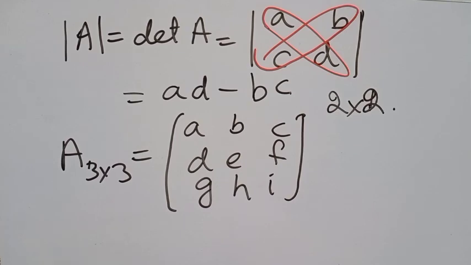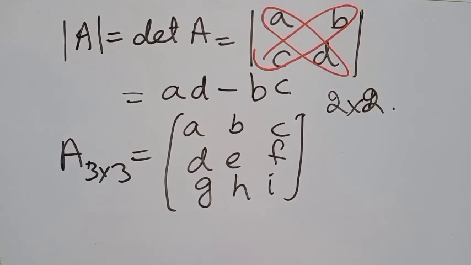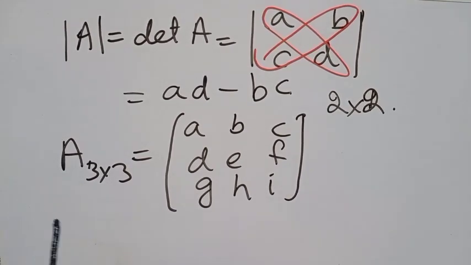Listen to this very carefully. I will be showing you one of the ways to solve for the determinant. There are many ways, but I show you one way. We have to find the determinant keeping the first row as the reference.